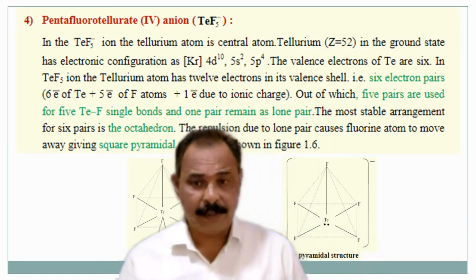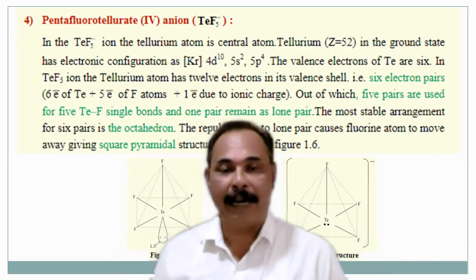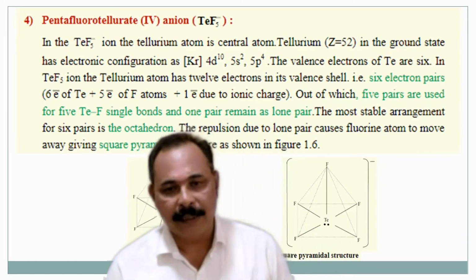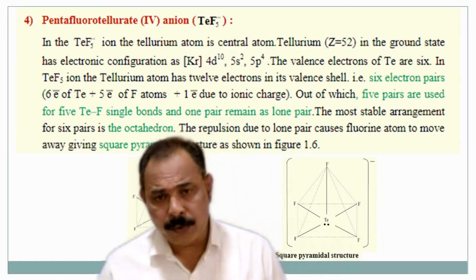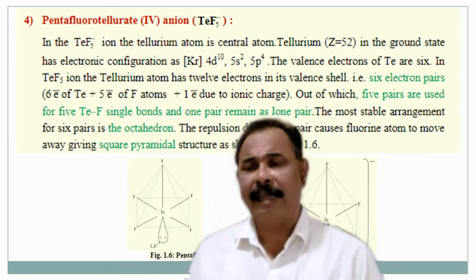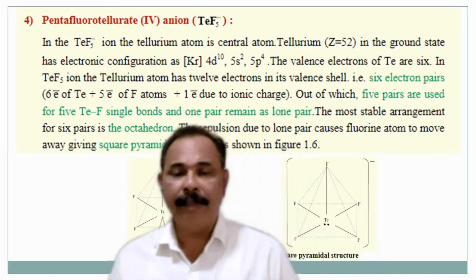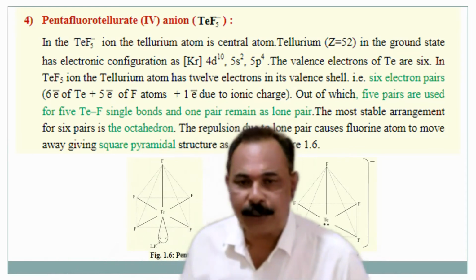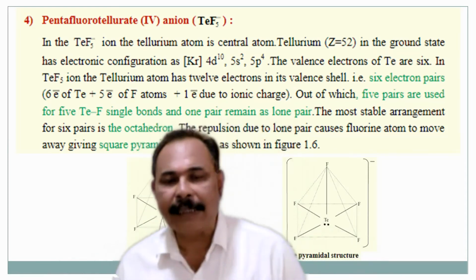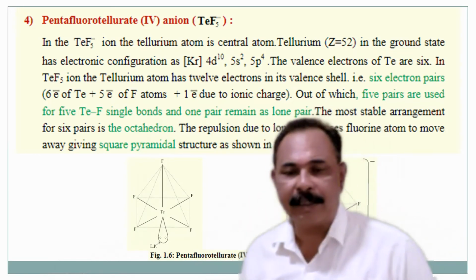The most stable arrangement for these 6 pairs is the octahedron, and the repulsion due to the lone pair causes the fluorine atoms to move away, giving a square pyramidal structure, which is shown in your figure. You can see here the square pyramidal structure.